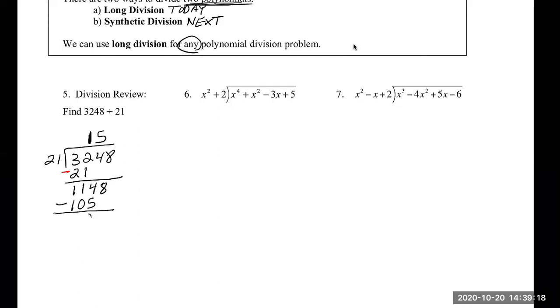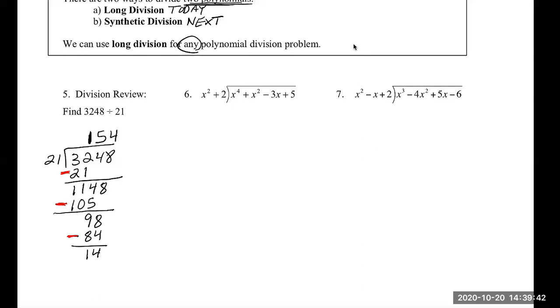And we can subtract, we get a 9, bring the 8 down one more time. And then how many times does 21 go into 98? I think it's 4 times. So 4 times 21 is 84. And then we subtract. Again, notice it's important for the next process we're going to do that you realize we're subtracting here.